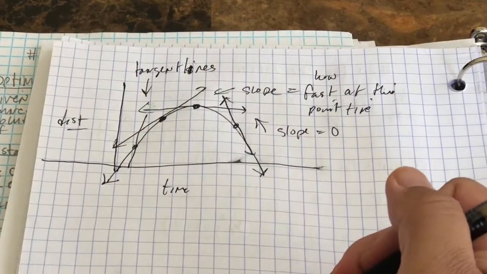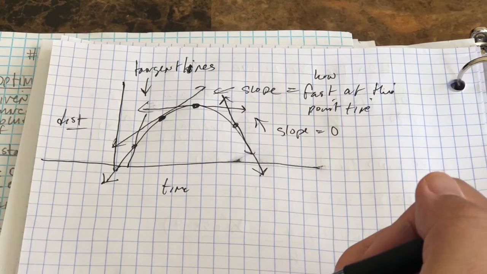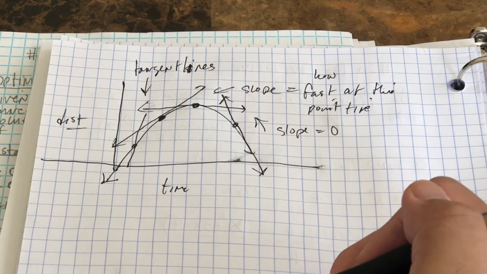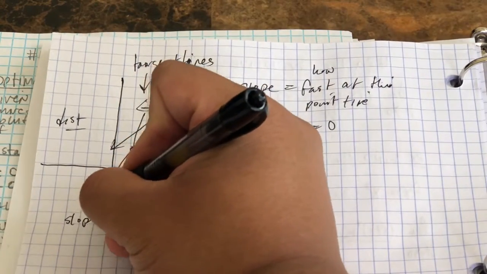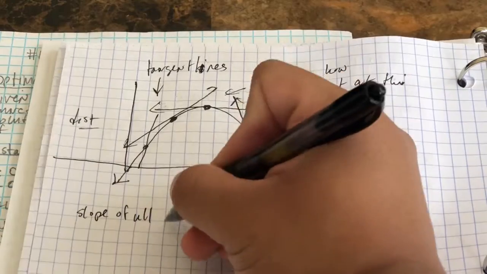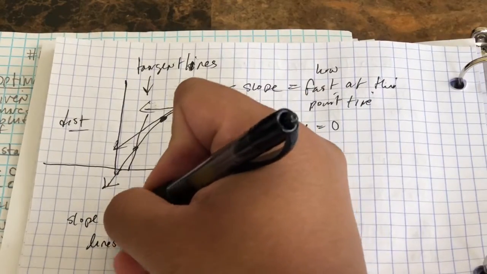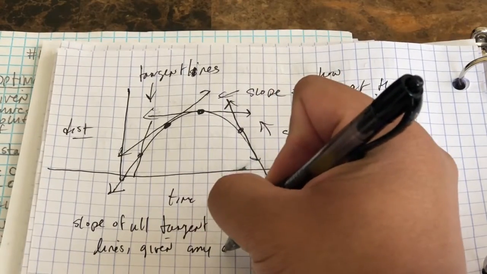Now, what if I told you that there is a formula that always gives us the slope of each of those tangent lines, as long as we know what point in time we're talking about? The slope of all tangent lines, given any x.